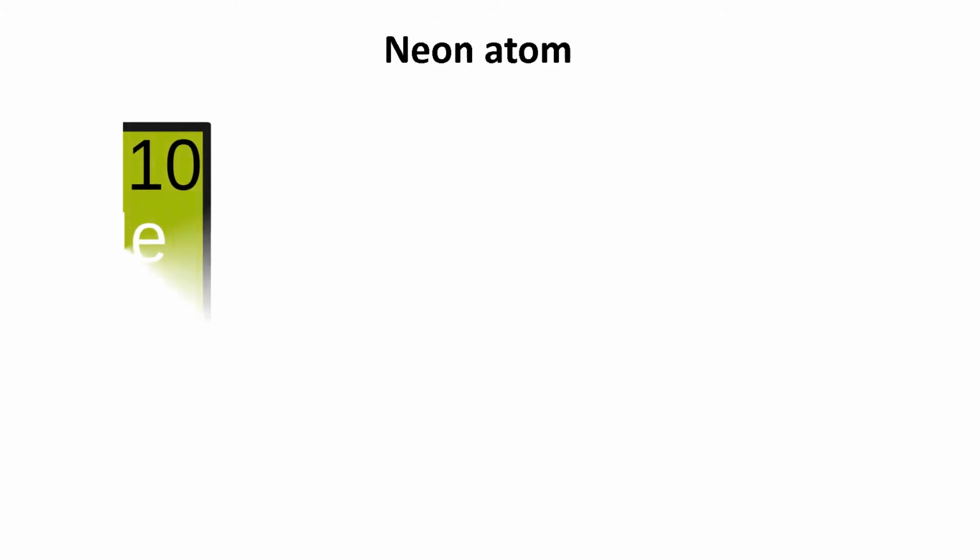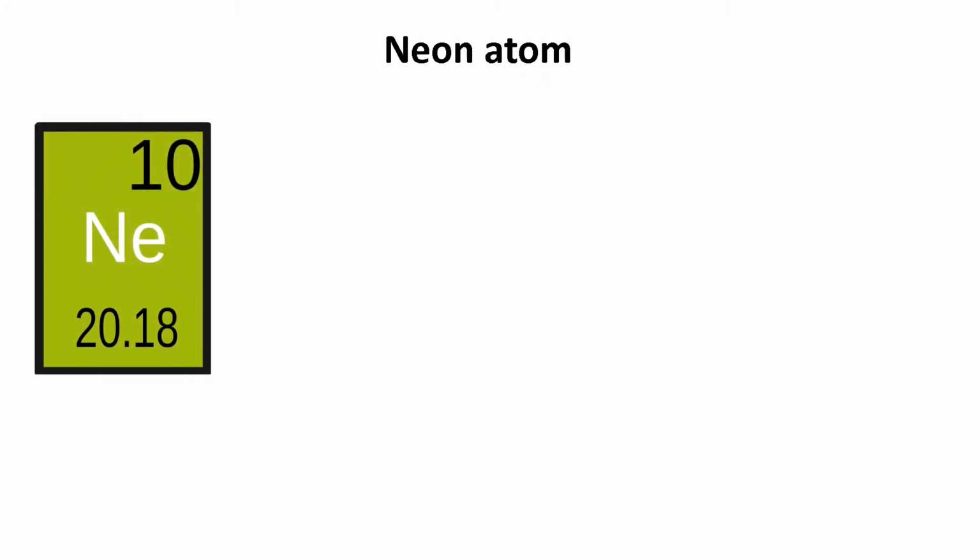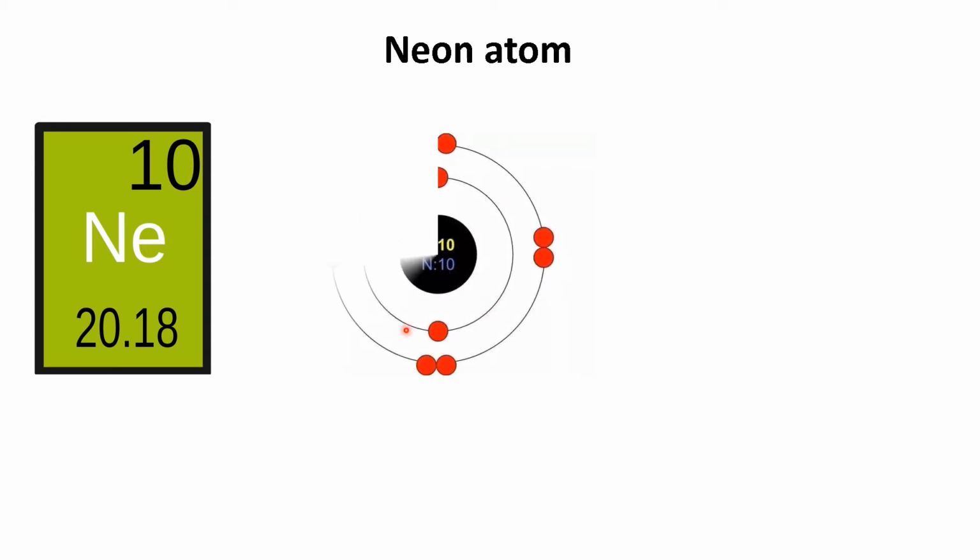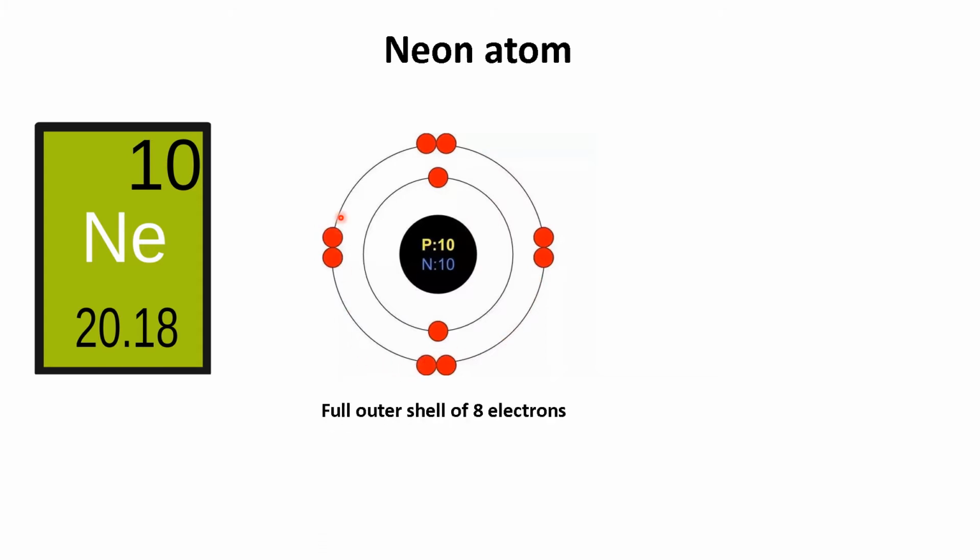Neon atom. It is the second element of group 8 in the periodic table. Neon has atomic number equal to 10, equal to the number of electrons that have a negative charge and move around the nucleus. In the neon atom, the first shell is filled with 2 electrons and the second shell is filled with 8 electrons according to the rule.